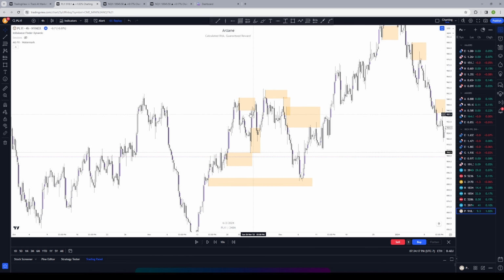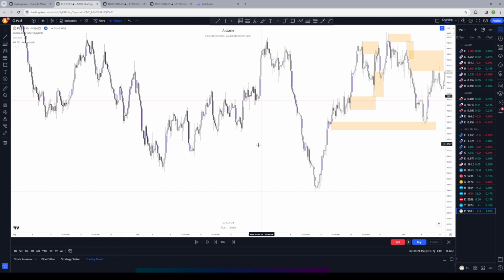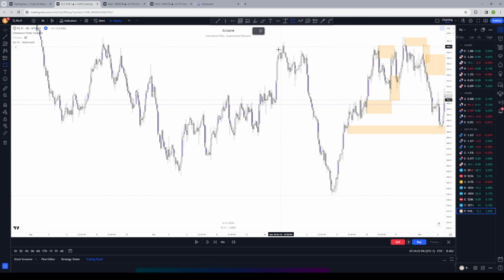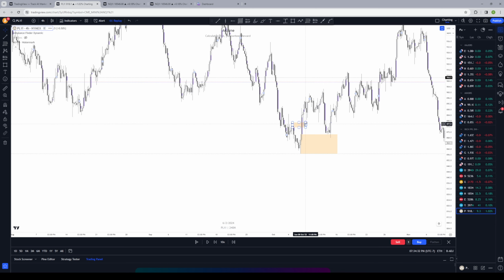But if you can make this work, it's not hard to do. It will definitely take a lot of time to pick up what zones to use versus what zones not to use. Like this zone worked, whereas this zone didn't. And also using lower time frames to confirm these zones, which I'll explain later.